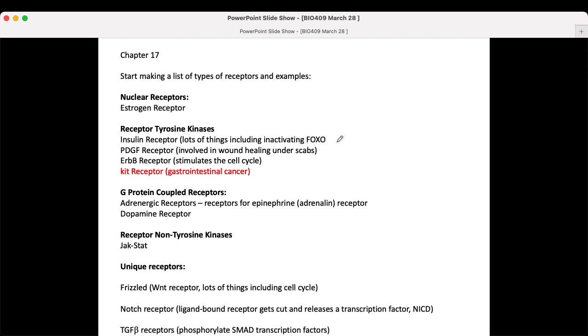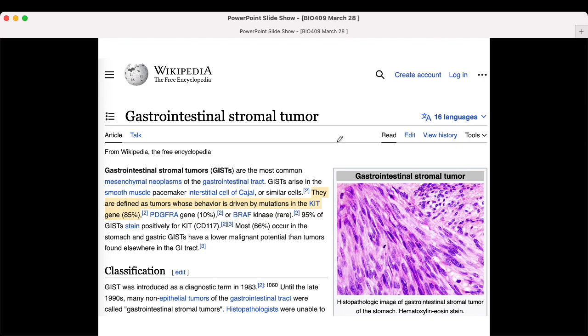On the Wikipedia page, they say that really defines it. They look at it and ask, what kind of tumor is this? And they say it's a gastrointestinal tumor because it's got a mutation in KIT. So they really want to measure mutations in this KIT. KIT is a receptor.